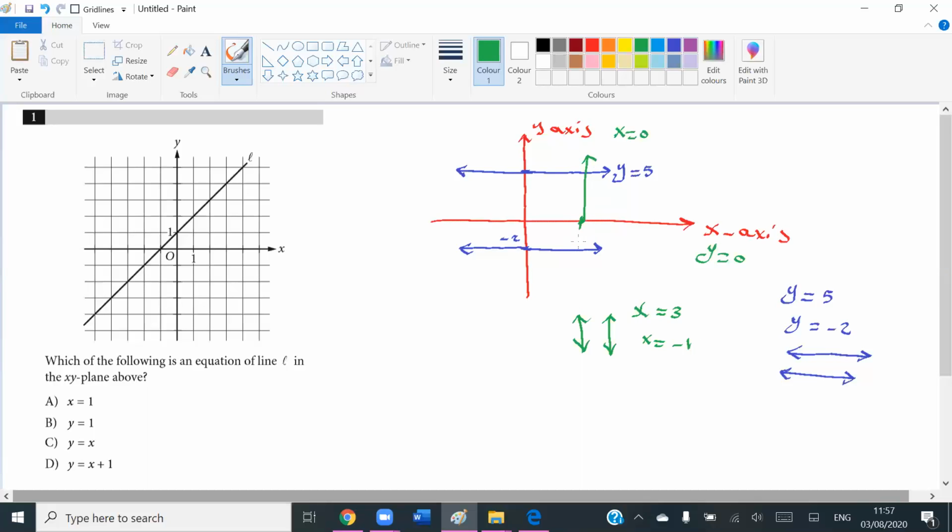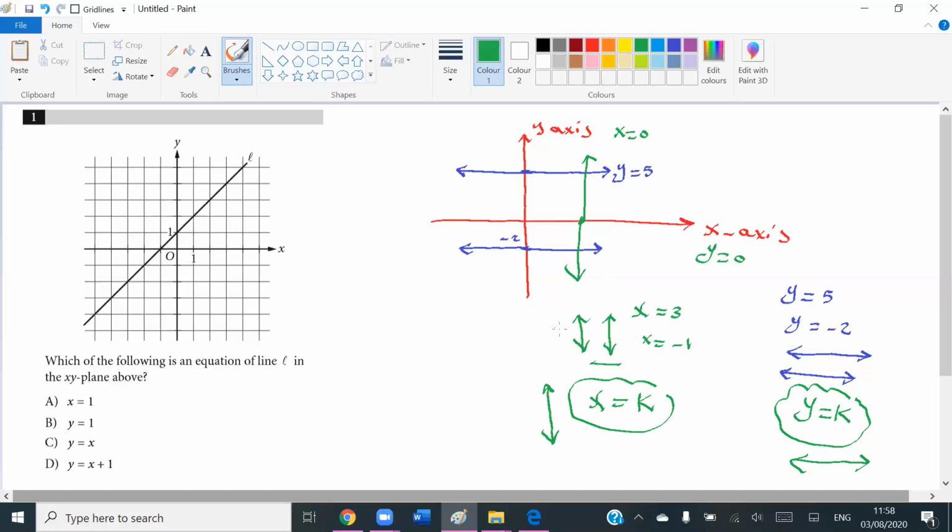So in case we have only one variable, the line will be either horizontal or vertical. Horizontal, in case you have only y, we can say y equals k, where k is a constant. And if we have x equals k, k is any number, the line will be vertical.